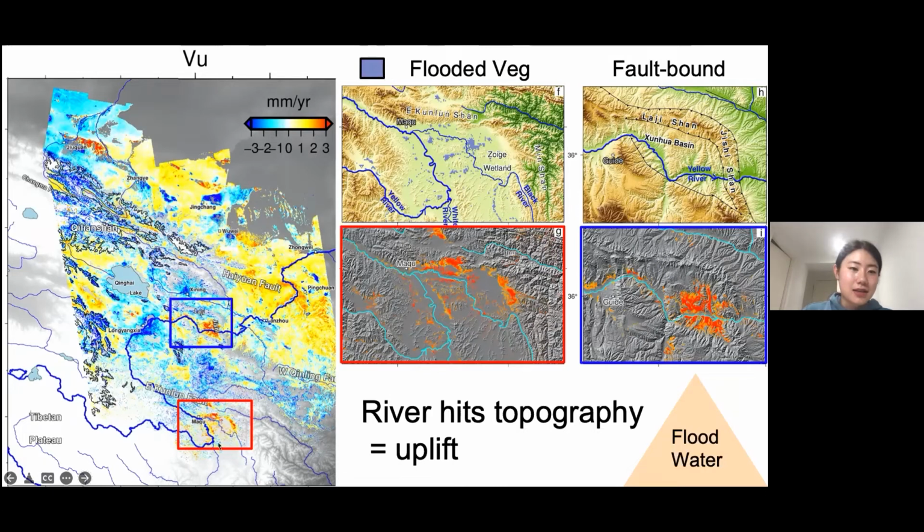And as the Yellow River comes out of this bend, this is the Longyangxia Reservoir, which is subsiding and loading water. And as the Yellow River comes out of it and joins this Xunhua Basin, we see this uplift signal trapped in the basin. And this is where the river outlet is again blocked by a linear ridge. So it seems whenever a drainage hits a topographic barrier, we are seeing uplift signals.